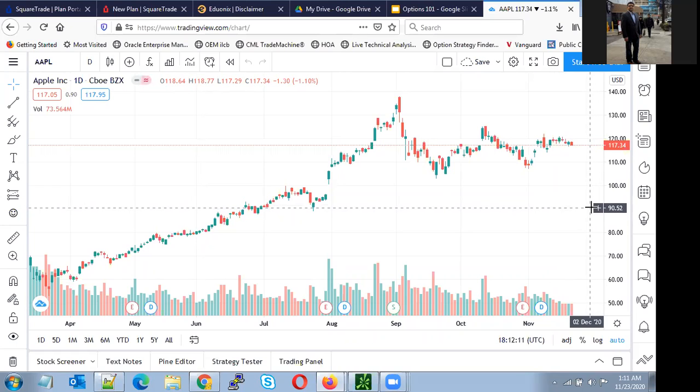Instead of 90, if you get $1, its value is 89 now. So you are getting that stock at 89 on that particular day because you got the $1 premium. You are not paying $90, you are paying $89. You are getting paid to buy that stock in the future, and you are buying at your liking price.